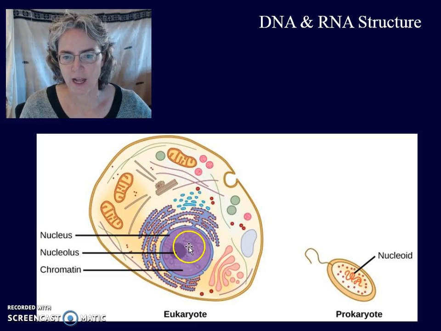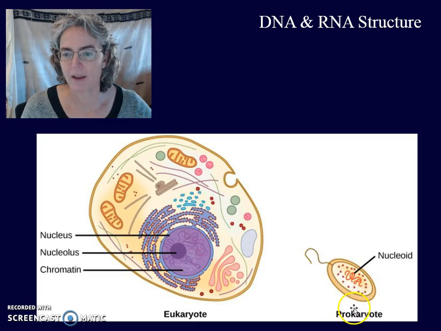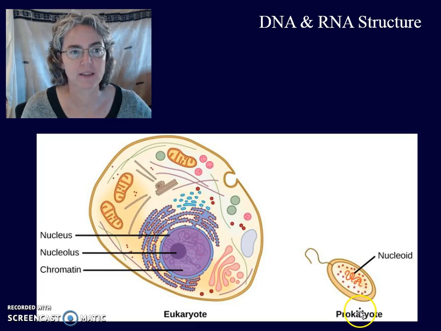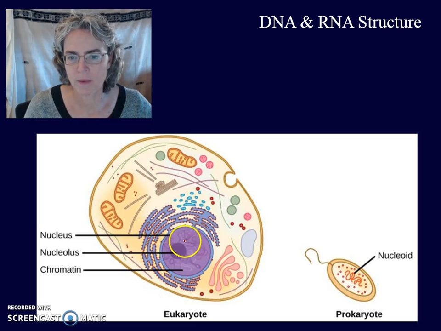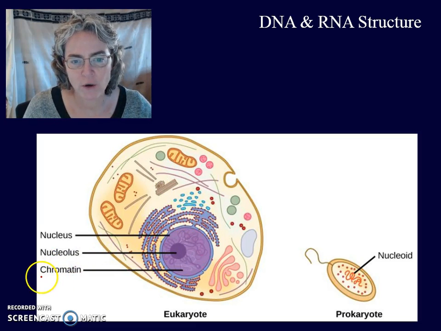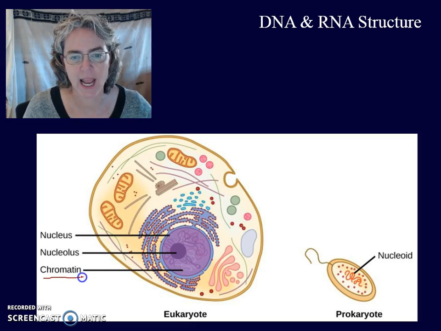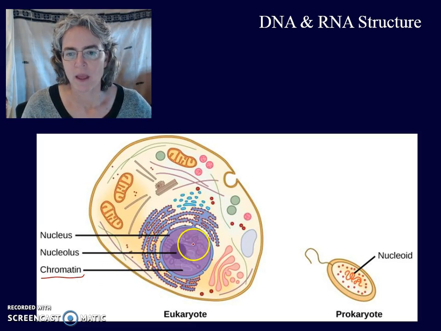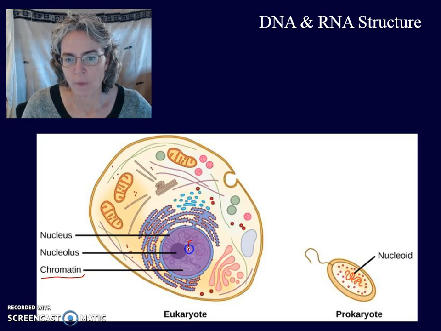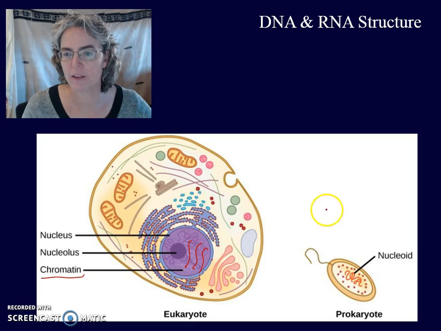So here's our cell and our nucleus for a eukaryote and for a prokaryote. So here it shows in this cartoon the DNA in chromatin form. And remember, in eukaryotes, the DNA is in long strands, so it's got an end on either side.